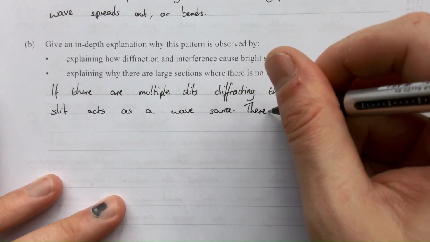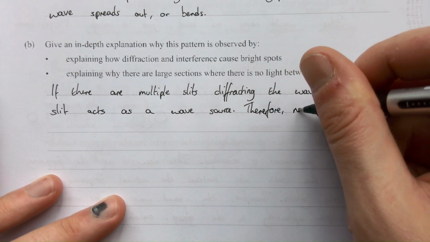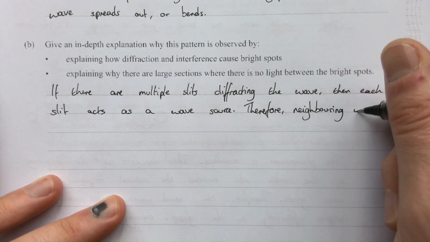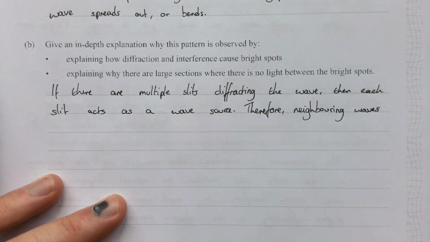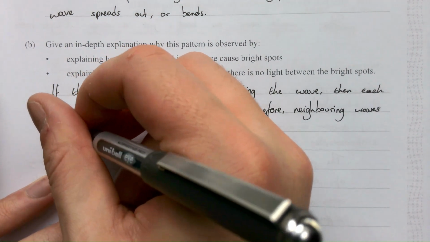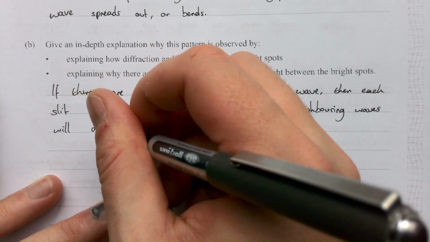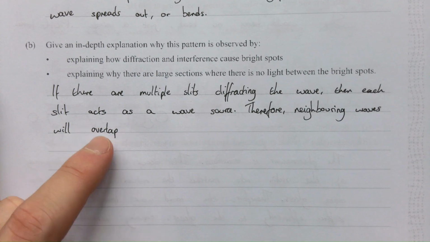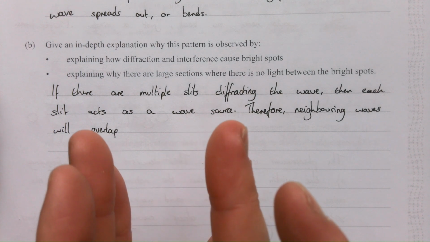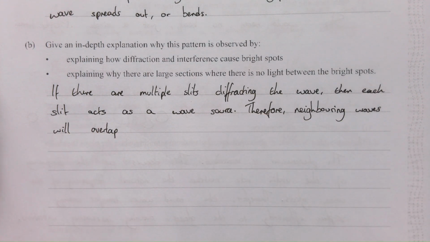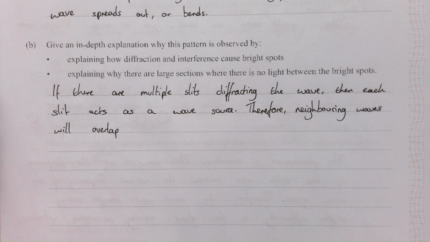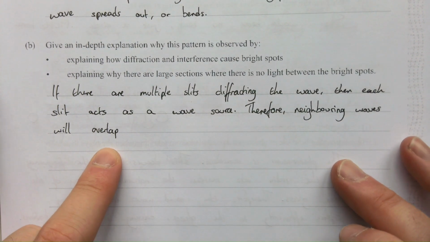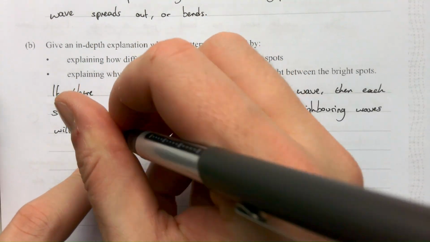Therefore, neighboring waves from neighboring slits will overlap. Okay, so now we've got this idea of the waves actually passing over each other. If you don't say that, it's difficult to explain why the interference pattern is observed. So just saying that they overlap is important.